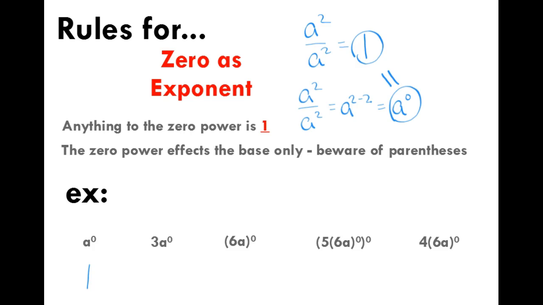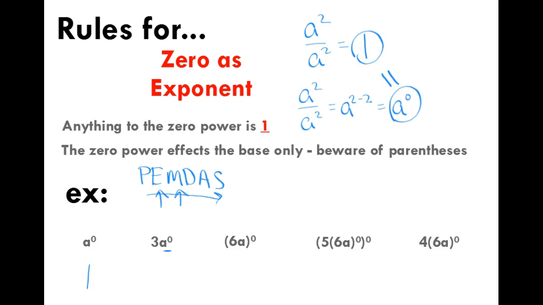And this next one, this is where the parentheses are incredibly important. That 0 is only attached to the a. We know from PEMDAS that we get less and less powerful as we go down the list. Exponents are really powerful. You have to do those before you do multiplying.